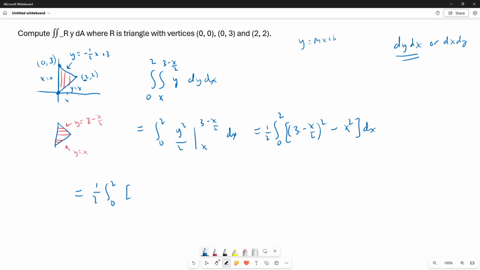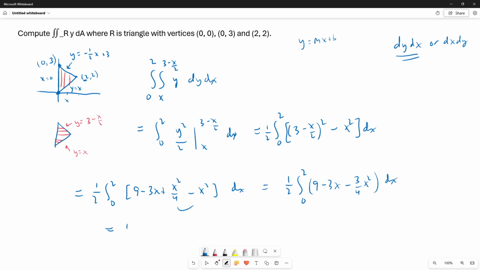Our integrand here is 9 minus 3x plus x squared over 4, and then minus x squared. So these two will combine, dx, to give us 9 minus 3x minus 3/4 x squared.